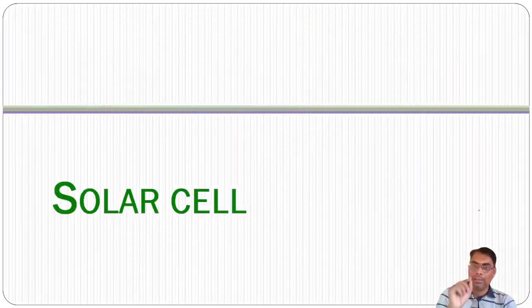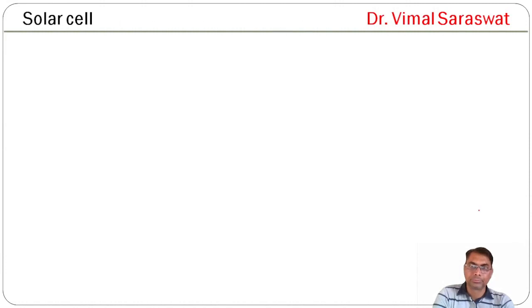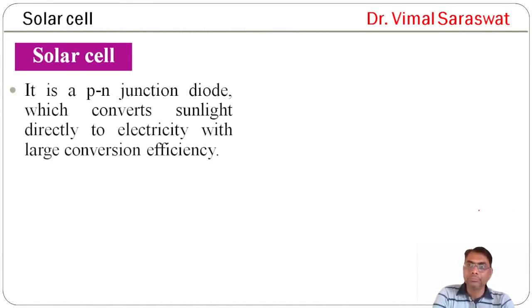Now, the next optoelectronic diode is the solar cell. Now what is a solar cell? It is a PN junction diode which converts sunlight directly to electricity with a large conversion efficiency.